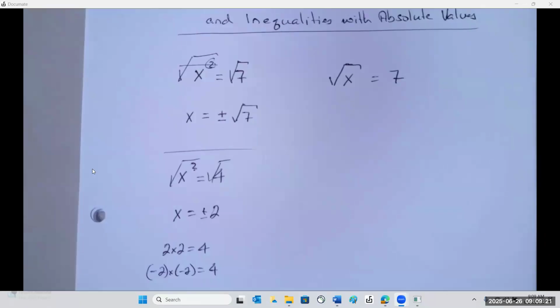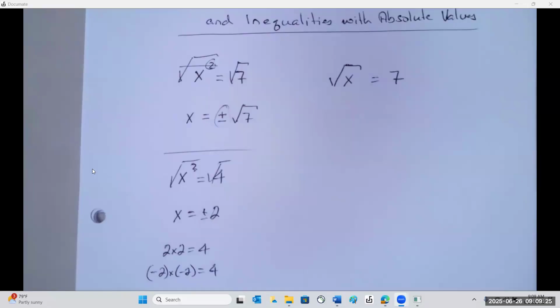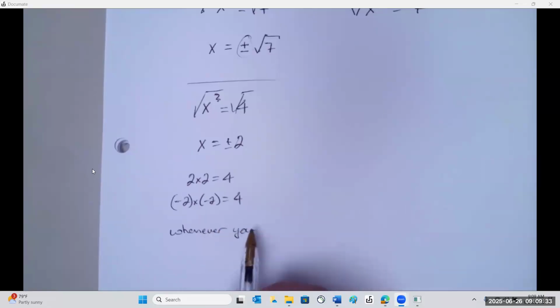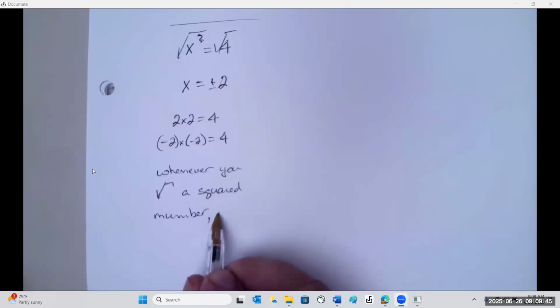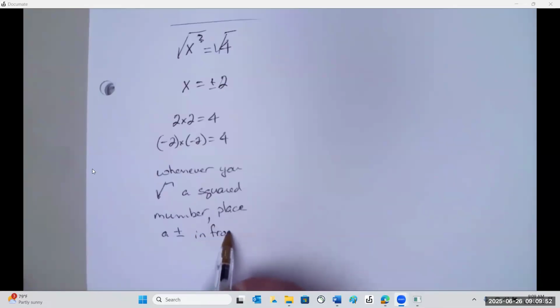All right, so whenever you square root something squared, make sure you put a plus or minus in front of the answer. When you square root a squared number, place a plus minus in front of the answer.